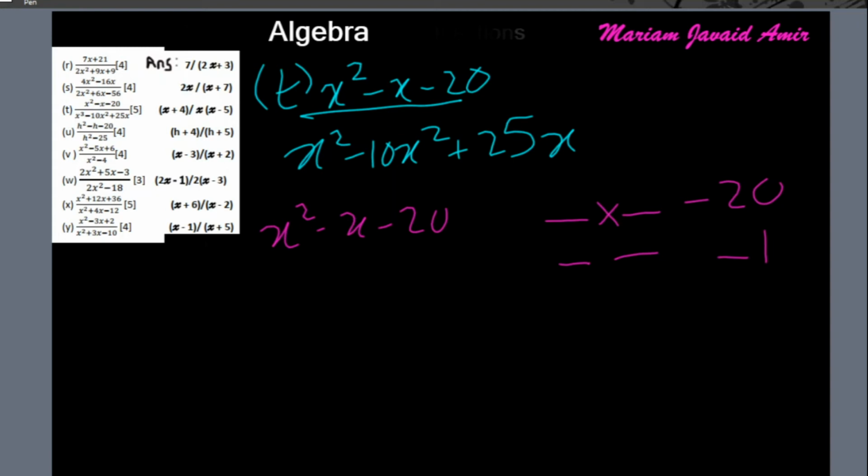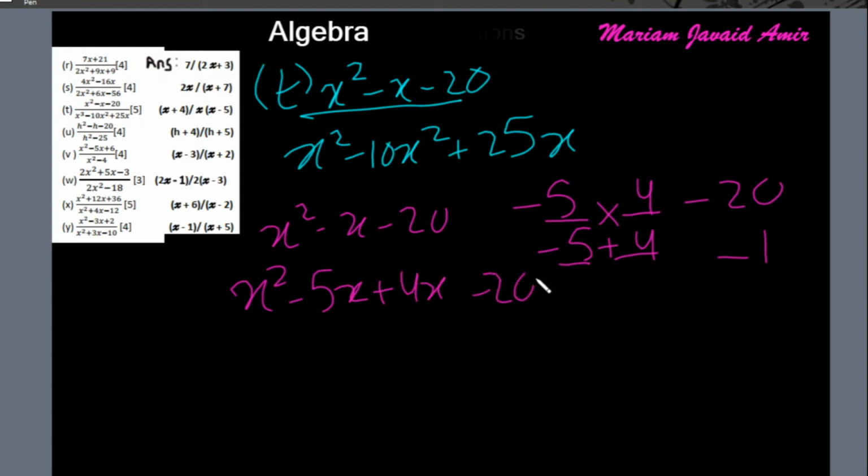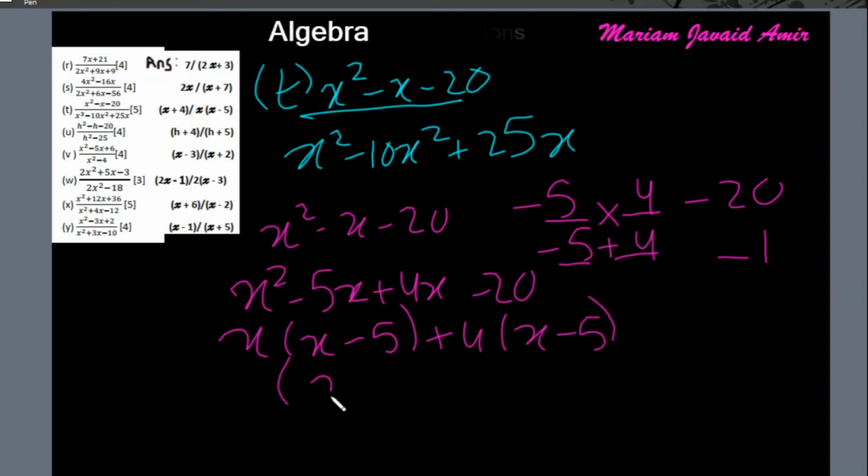So minus 5 times 4 gives us minus 20, minus 5 plus 4 gives us minus 1. Break the middle term into minus 5x plus 4x and then minus 20, factorize, x minus 5 plus 4, x minus 5, and we get x plus 4, x minus 5. So the numerator gets factorized to x plus 4 times x minus 5.